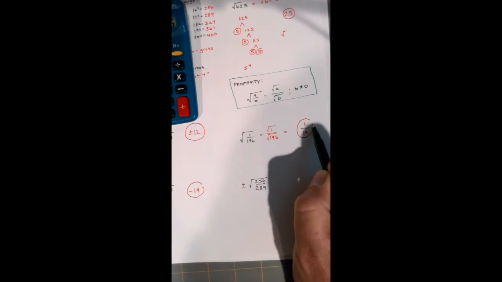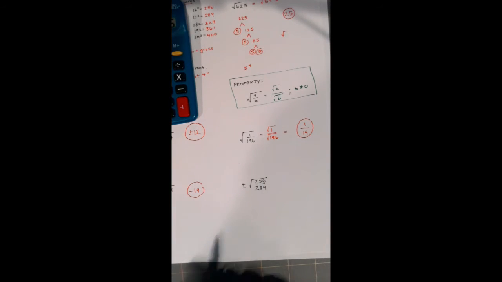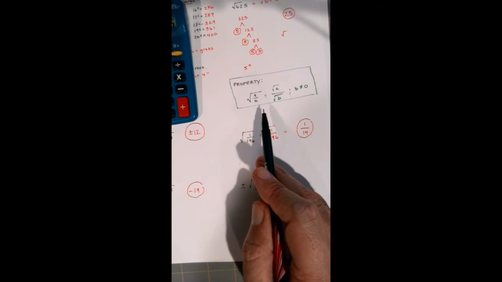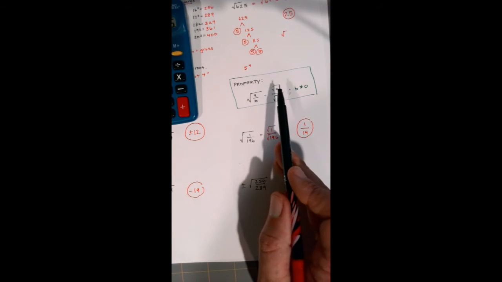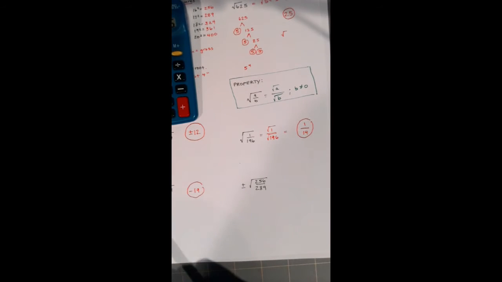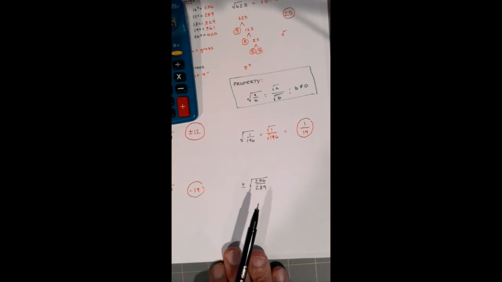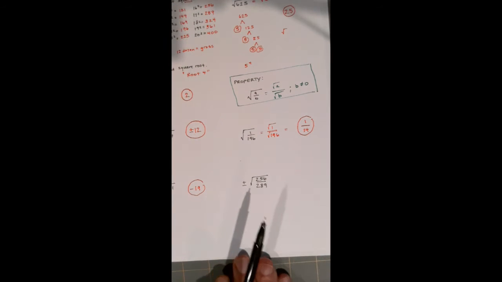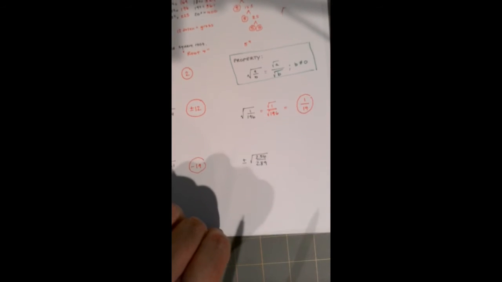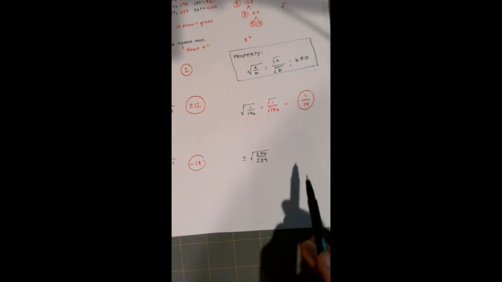And that is the answer. So I would say that's a medium one. You really just need to know this property. If I have the square root of A over B, that's equal to root A over root B. All right, so this next one I tried to make a little bit harder. There's one like this on the homework. I think the answer is like 27 over 28.